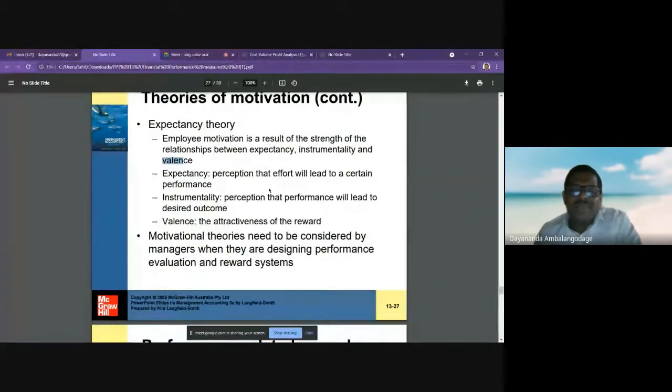So thereby, and also when you design the rewards, you should understand that the rewarding system should be consistent with the risk or the effort that they are going to put. If the reward is very small, effort is much more, then there is no match.